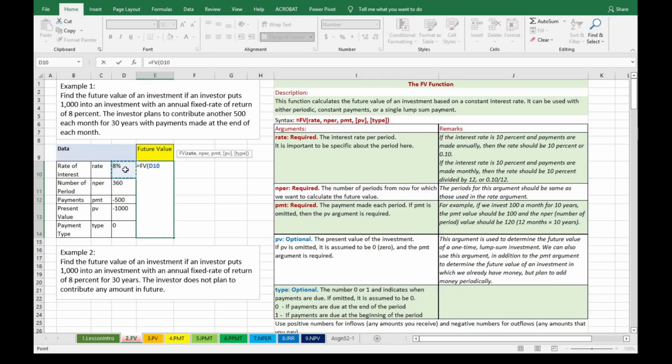We are making payments per month, so we need to divide by 12. Then NPER is 360, which is already in months. Then PMT is minus 500, PV is minus 1000, and type is end of each month. End of each month is 0, which we already put here. So we can close the parenthesis and press enter.